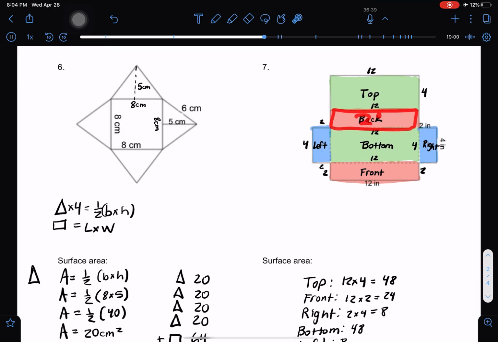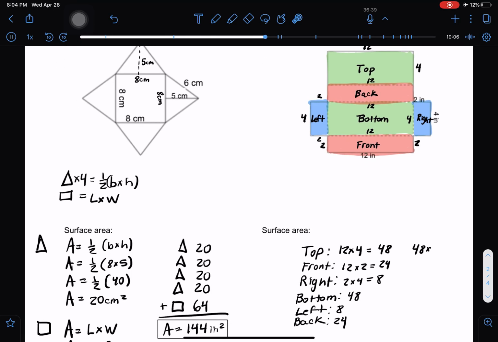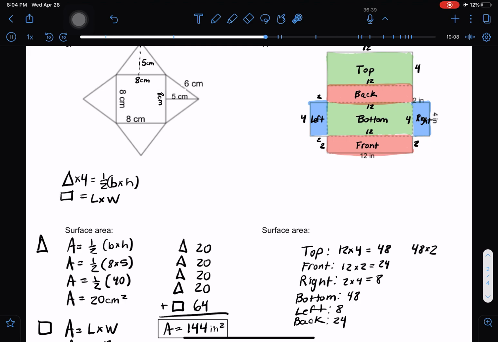After finding all of these, we can go ahead and add them up. Or you can do 48 times 2 plus 24 times 2 plus 8 times 2. So we're actually going to go ahead and do that instead. So 48 times 2, 24 times 2, and 8 times 2.